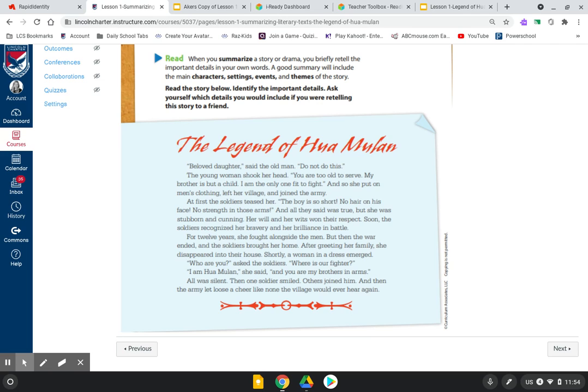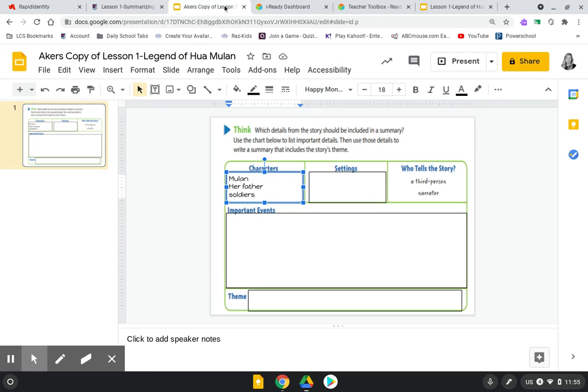And it also mentions her brother being too young, but I don't think he's a main character because he's not necessarily part of why she goes and serves to fight. So in your characters, put Mulan, her father, and then soldiers.